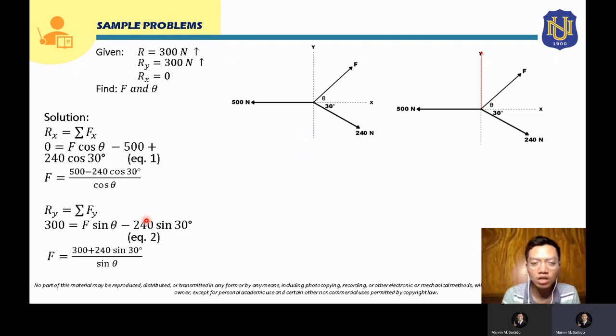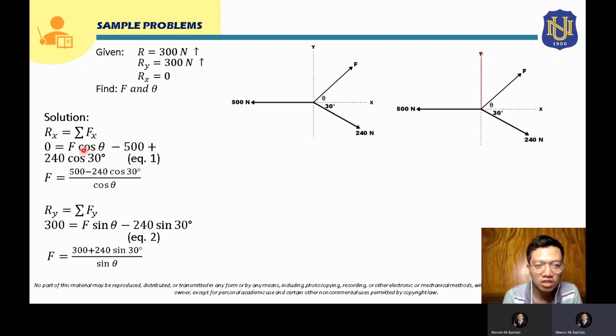What we can do here is separate the variable F, or the unknown force F, on this side. Solving for F, you will just transpose 500 to the opposite side, so that will become positive 500. And then we have here positive 240. If we transpose that to the opposite side, it will become negative 240 cosine 30 degrees.